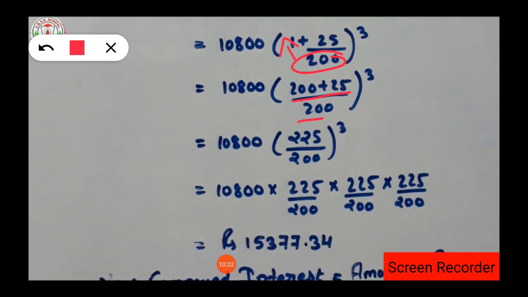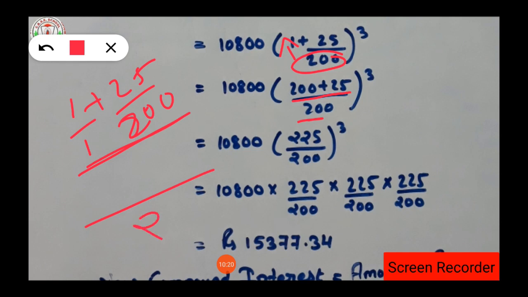Or we can do it by the LCM method. What is the LCM method? Everybody knows. Suppose we have this equation. If the numerator 1 does not have any number in its denominator, that means 1 will be present. What is the LCM of 1 and 200? That will be 200 itself. 200 comes in the table of 1 how many times? 200 times.